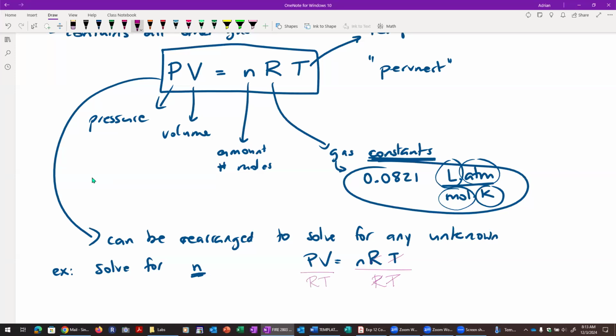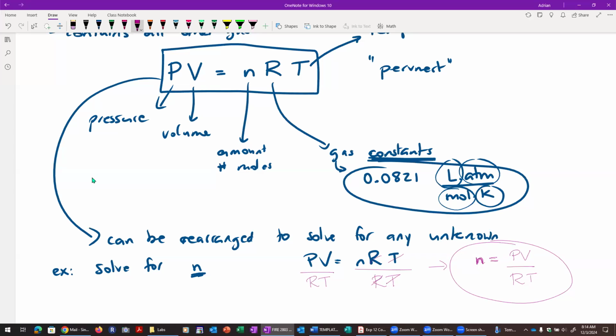So I end up dividing the other side by RT. So then this gives N equals PV over RT. Okay, and this is just an algebraic manipulation. It's not the most complicated type of algebra that you've seen in our course so far, but it is something that you need to be able to do to solve questions that involve the ideal gas law.